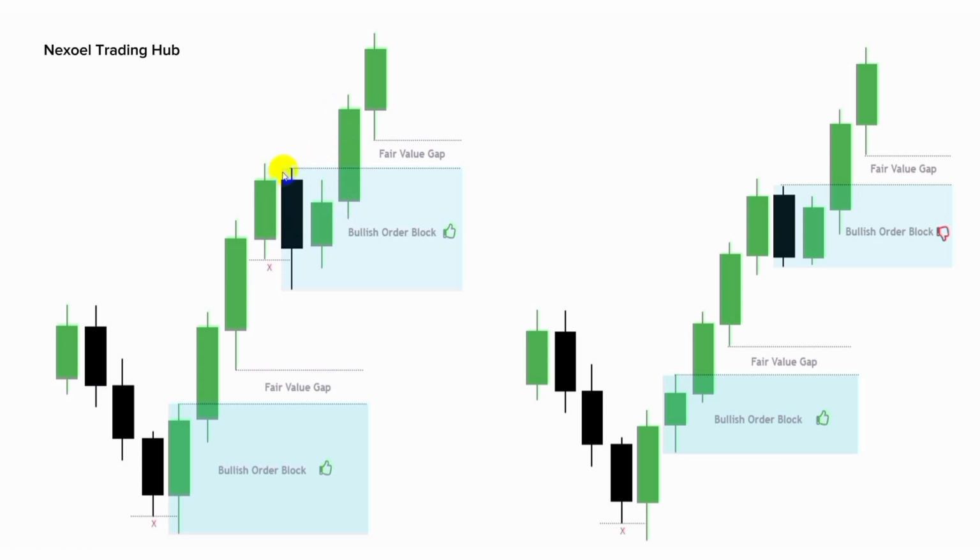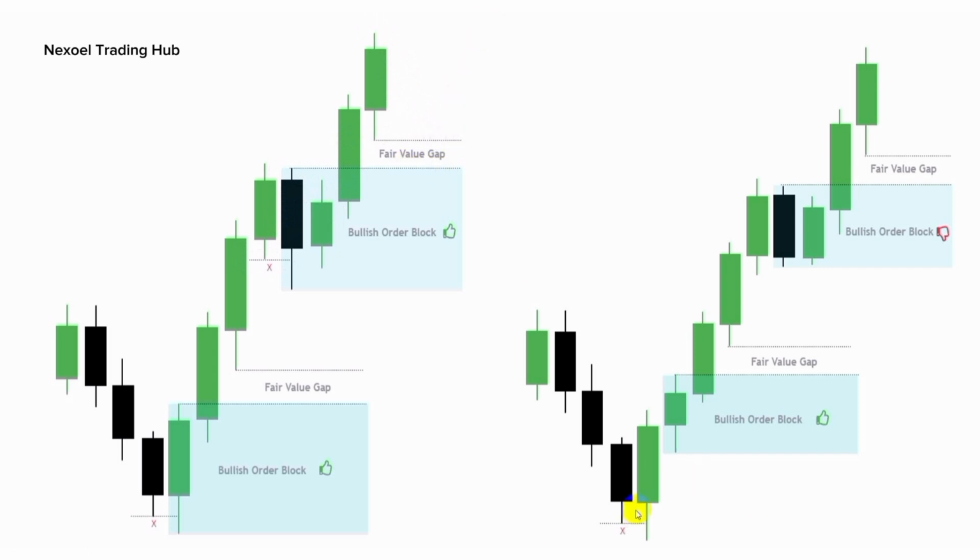So this is our ideal order block because this is also the down close candle before the bullish move to the upside. The down close candle took out this liquidity and then sponsored the bullish move that took out this high point. So we also have another valid institutional bullish order block. Price took out liquidity, price creates a fair value gap. The expectation is to see price return, fill the fair value gap, and continue bullish.